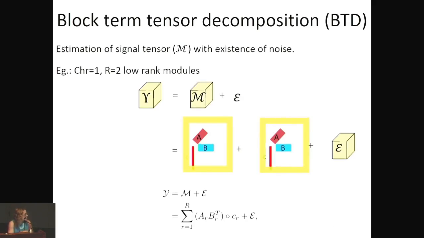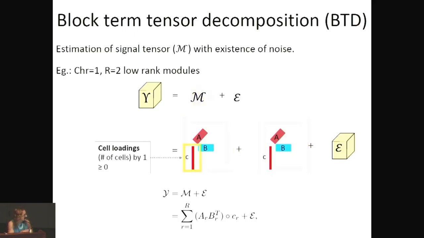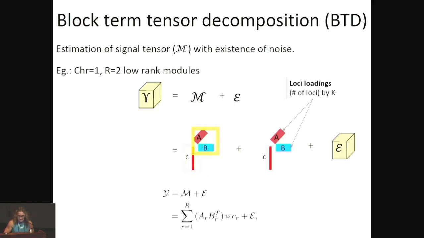These are the low-rank structures, and in this low-rank structure, the first component is cell loadings, which is number of cells by one. It's a non-negative vector. And then the second component is loci loadings, which is number of loci, the artificial bins that we create on the genome, by k, some low dimension k.